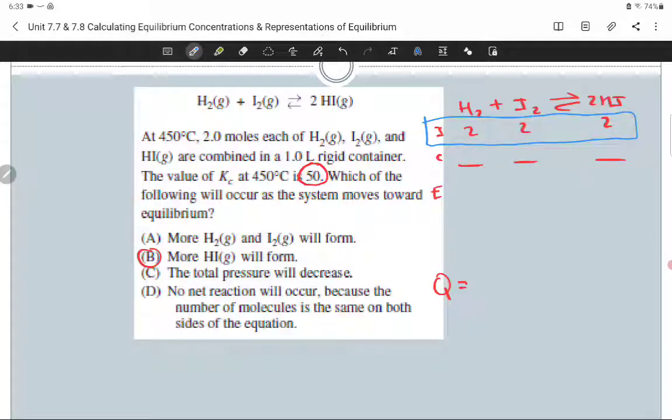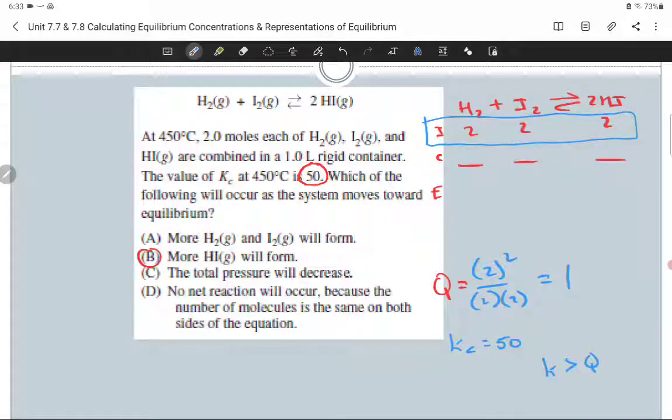So we have our equilibrium expression, the HI up top to the power of 2, and then the reactants on the bottom, both to the power of 1. So I think that's pretty easy to calculate as 1. Now, compare it to K. Kc is 50 in the question. So K is much greater than Q. And again, we haven't defined this.